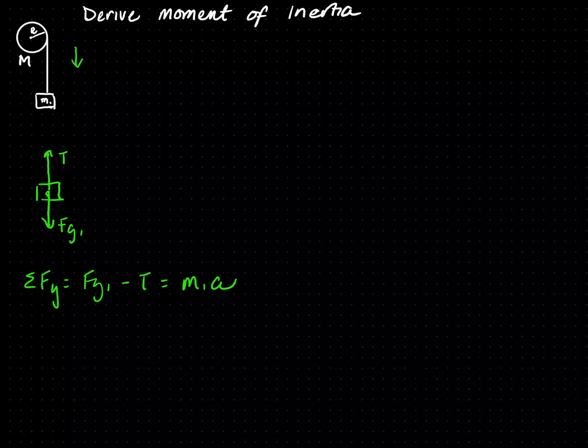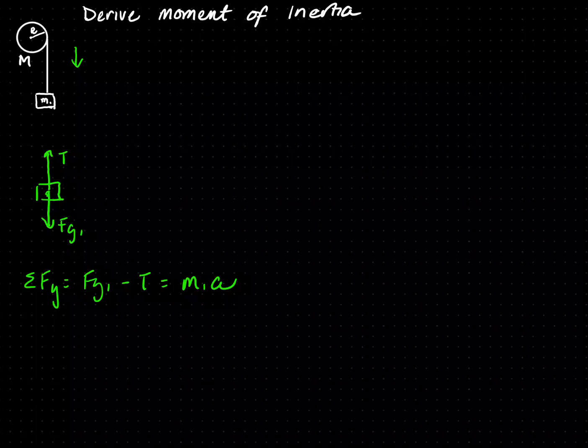And so we have Fgy, because the direction is going down, minus T is equal to m1a. So that is the free body diagram for the m1 as well as the equation.